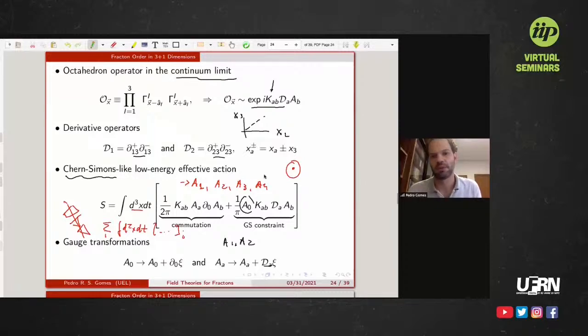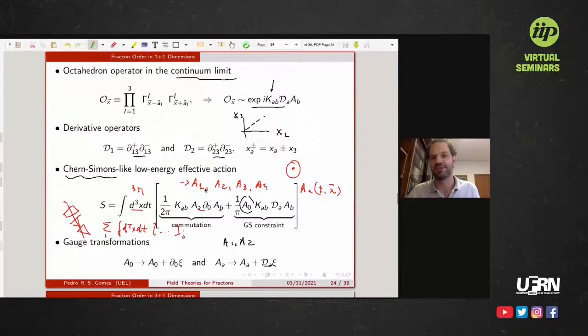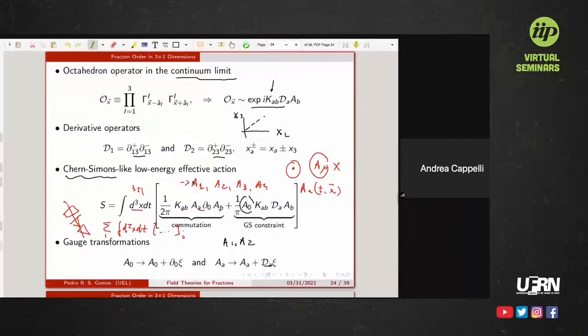I'm not sure about this, because I'm saying just that these indices here, A and B, are not space-time indices, but of course the fields are scalars. The fields depend on space and time, so this is a theory in 3+1 dimensions. In this case, I think I'm right, but I have to show this. Okay, thank you very much. All right, no problem.